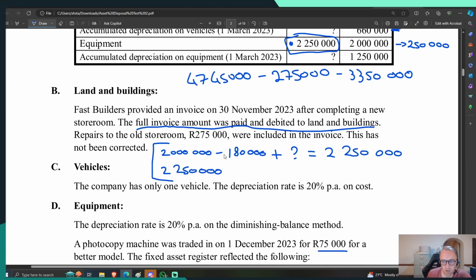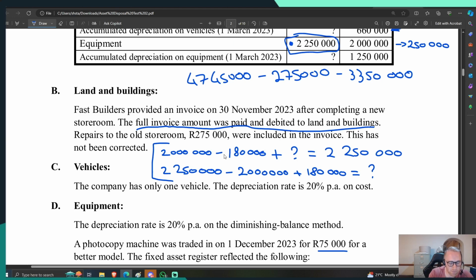When we take 2 million to the other side, that will be minus 2 million. When we take minus 180,000 to the other side, that becomes plus 180,000. And that should equal the thing we're missing, which is the new stuff that we bought.